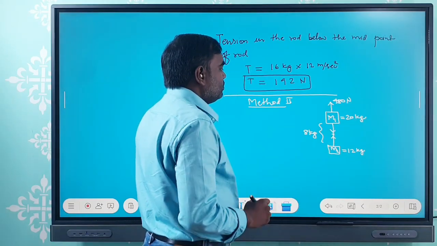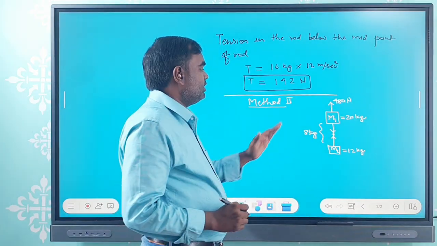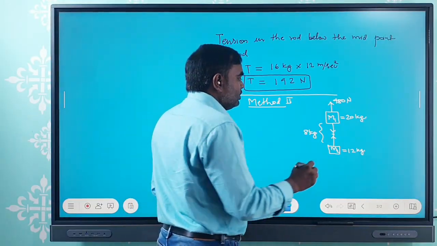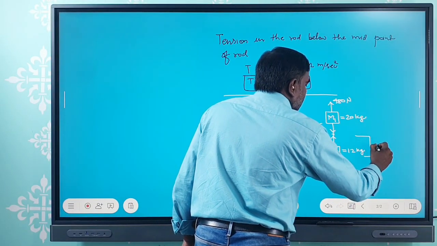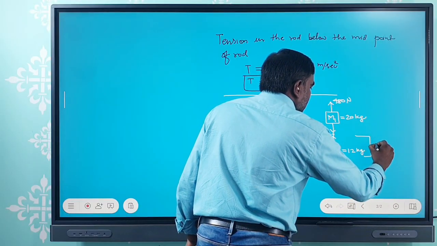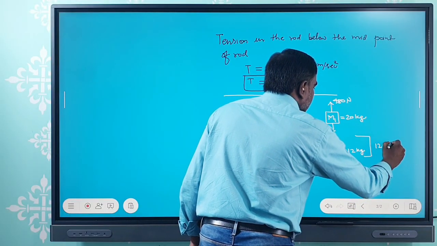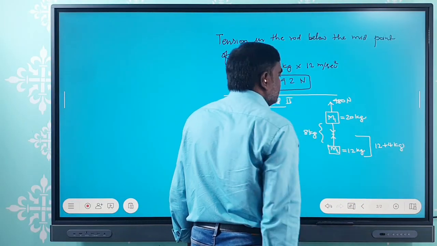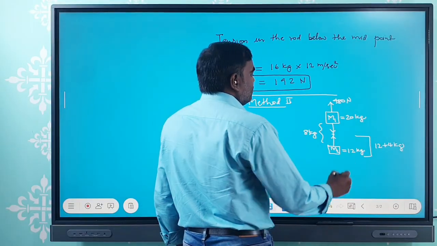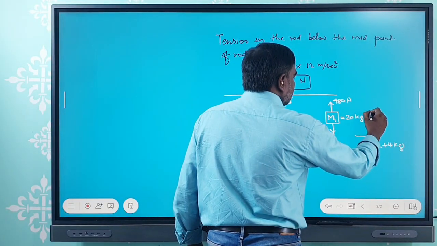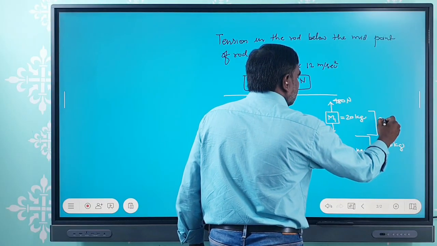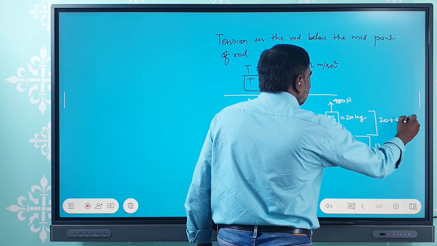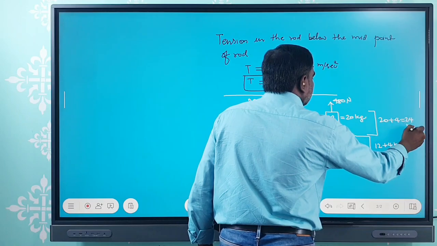We have to find the tension below this midpoint. If we divide this rod into two parts, the total mass below the midpoint is 12 plus 4 kg, and above the midpoint the total mass is 20 plus 4, that is 24 kg.